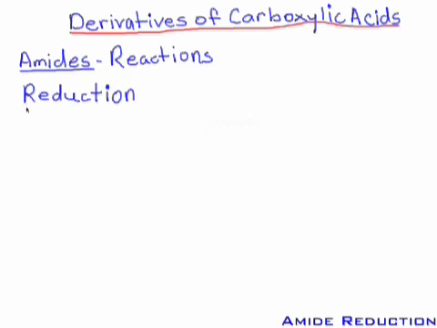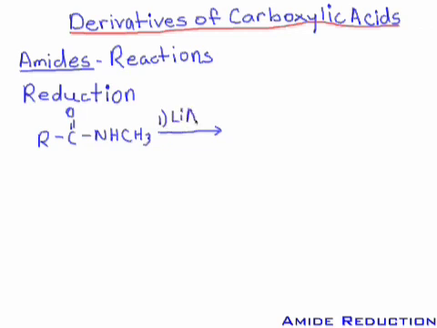Now, if I do a reduction reaction of an amide, I need a powerful reducing agent. For example, if I have RC double bond O, and let's give ourselves some substituted amide, let's say an NHCH3, I can react this molecule with lithium aluminum hydride.